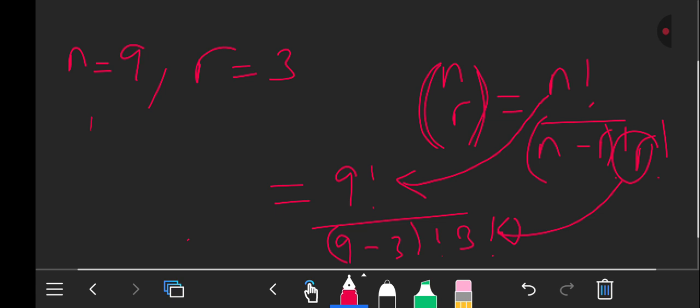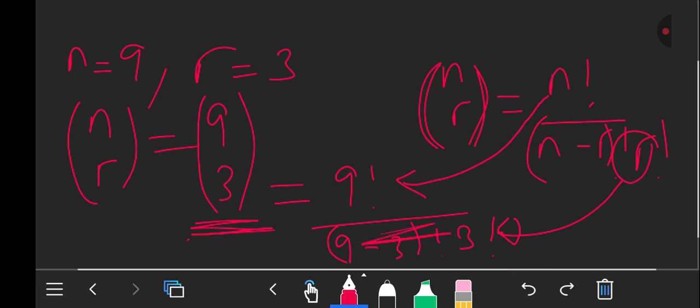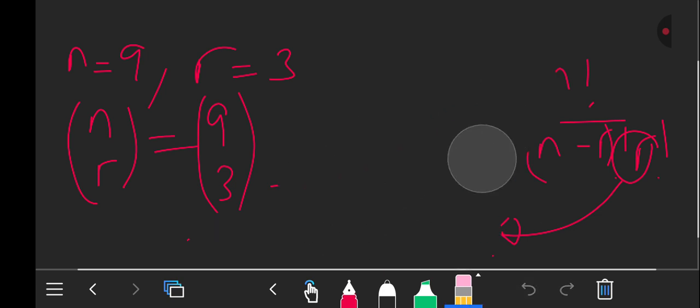We can say n combination r will be equal to 9 combination 3. So 9 combination 3 is what we are getting on the left hand side.